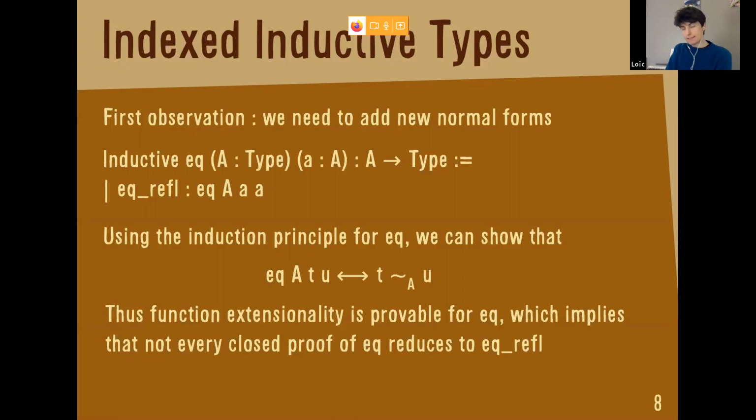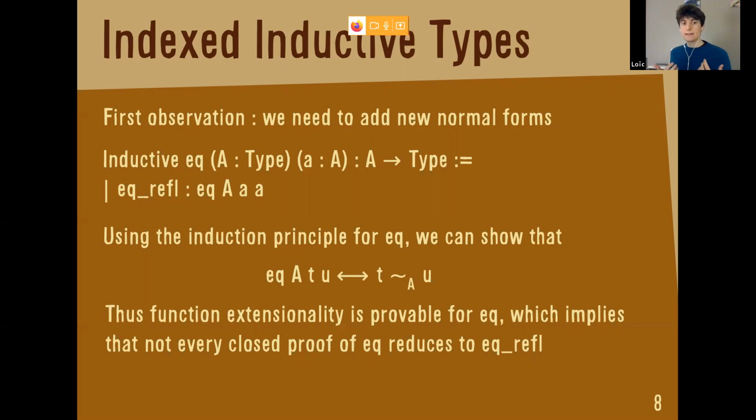Now, let us think about the indexed inductive types. The first observation is that it's not so easy as the dependent products, because in full generality we will need to add some new normal forms.